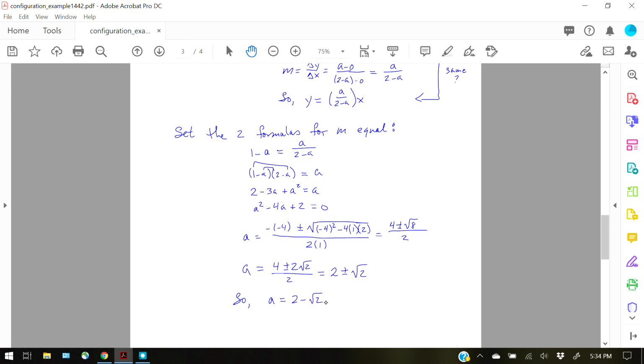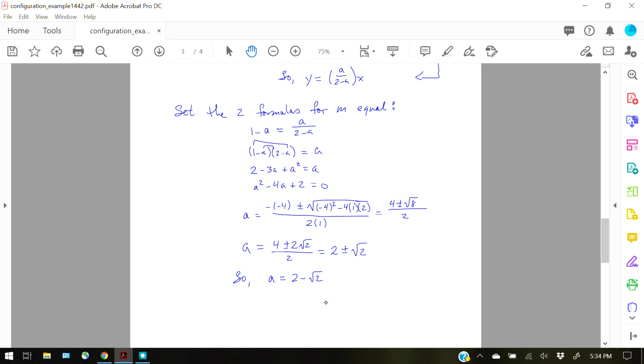Okay. Now, conclusion. In order for a to be in the field, we must have square root 2 in our field in order to get a in the field.